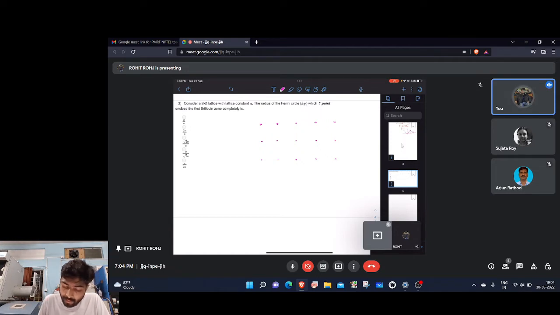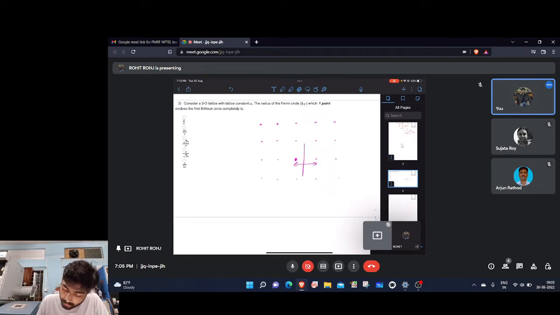In reciprocal space, this lattice would have spacing pi by a, so the distance between the points is pi by a. Now let me take this point at the center and draw the Brillouin zone corresponding to it. The Brillouin zone would be half of this distance.